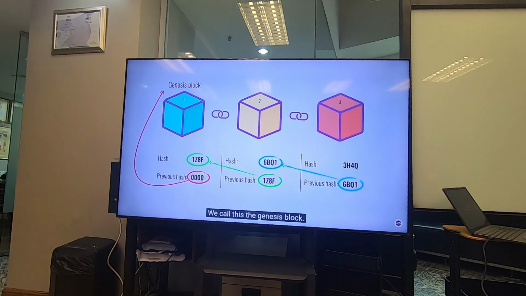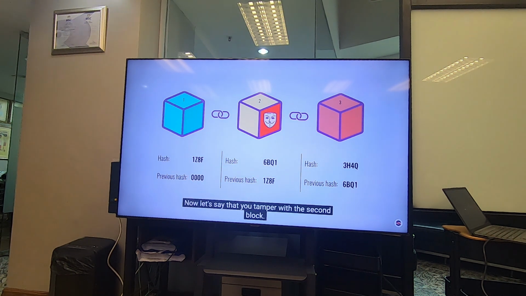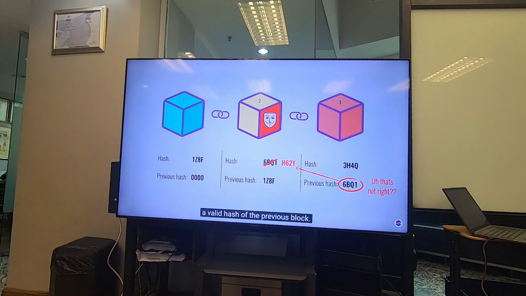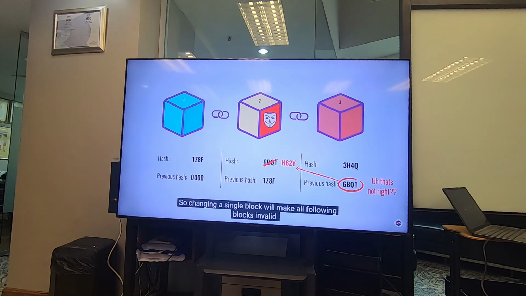We call this block the genesis block. Now, let's say that you tamper with the second block. This causes the hash of the block to change as well. In turn, that will make block 3 and all following blocks invalid because they no longer store a valid hash of the previous block. So changing a single block will make all following blocks invalid.